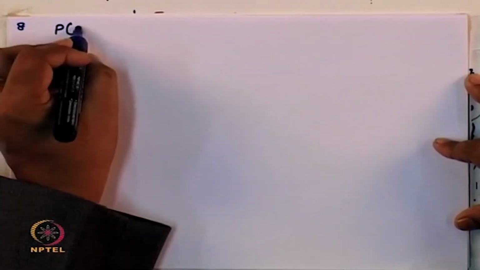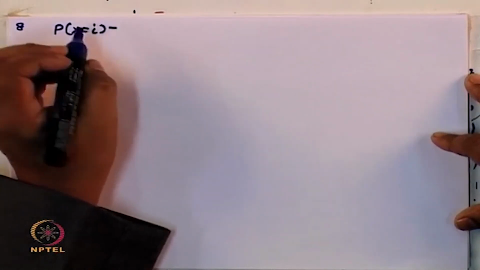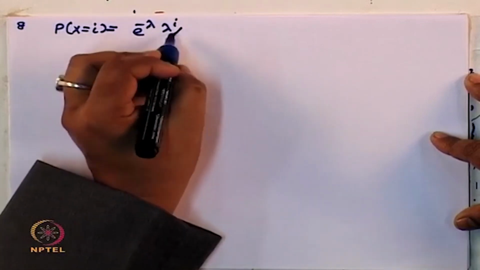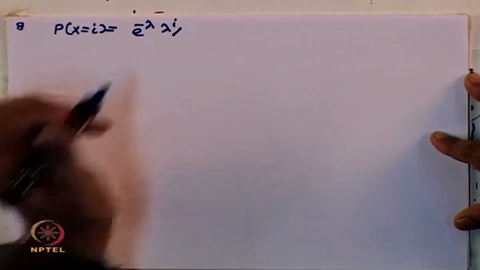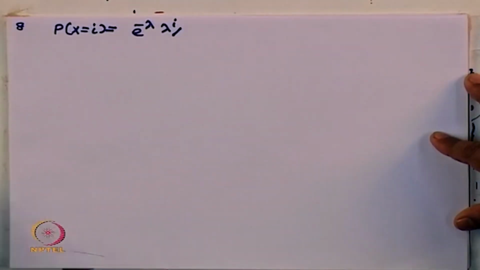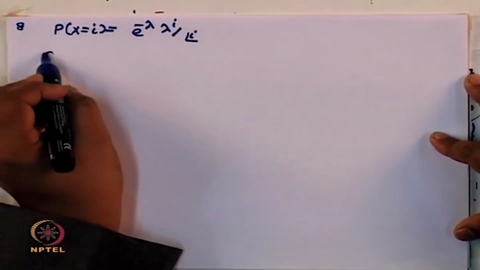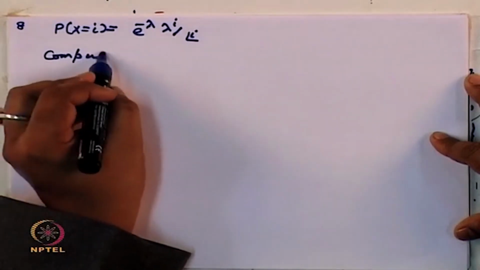Let us again write down the probability of x equal to i in the case of a Poisson variable. You have e to the power minus lambda, lambda to the power i by factorial i. So how can we compute the Poisson distribution function?